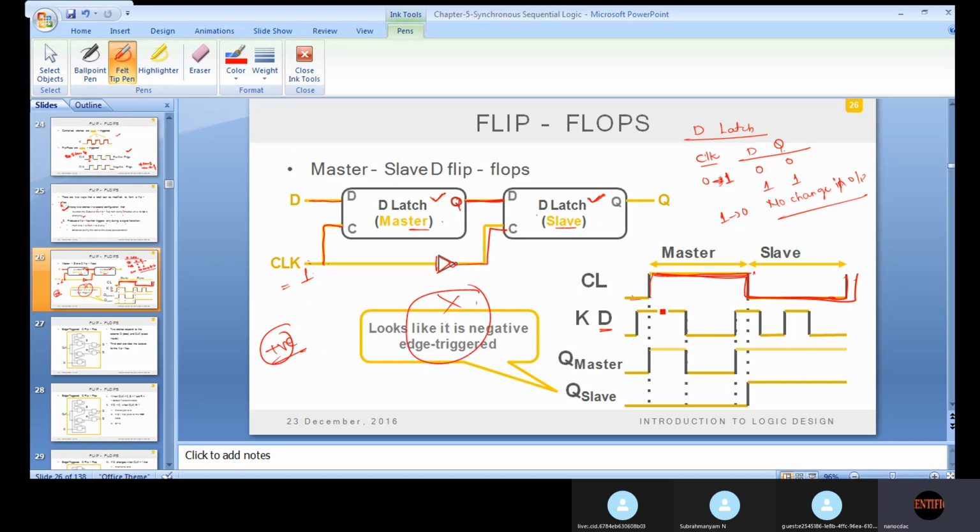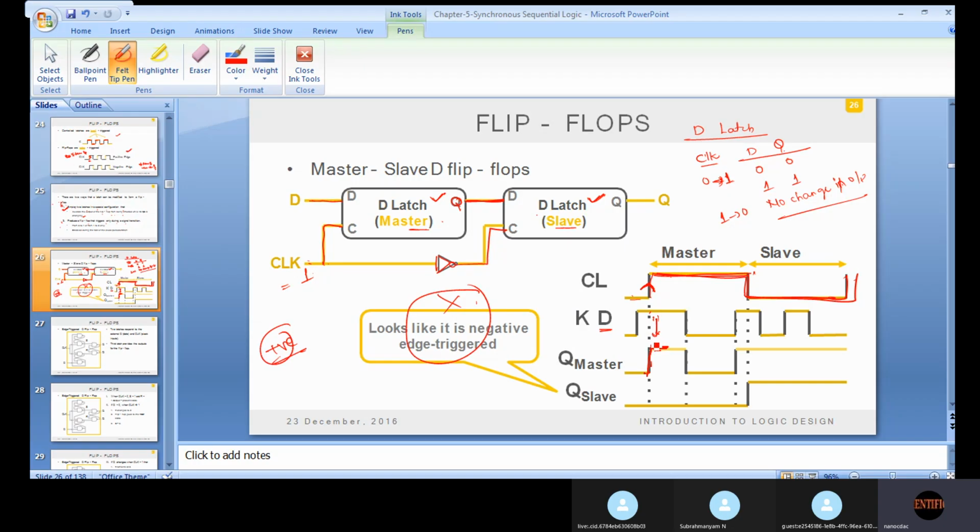పాజిటివ్ క్లాక్ అనుకున్నాను. So here at the positive edge of the clock, what should be the output of your master? Initial గా 0 ఉంది, at the positive edge of the clock, it is rising, it is taking the value of D. Okay, it is holding this value.